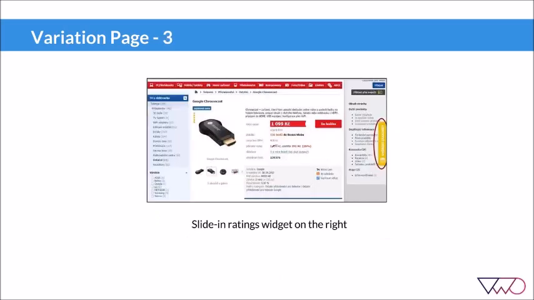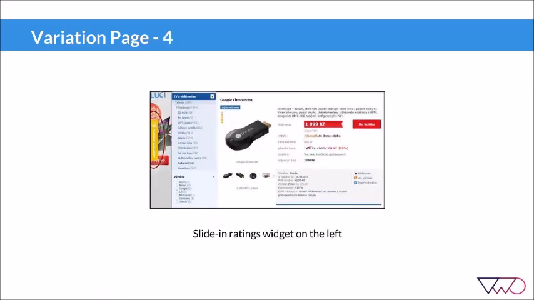In the third variation, they added this little slide out on the right hand side of the product page. So basically what would happen is, if you hover your mouse on this yellow bar, this little div slides out and contains the same information from Heureka.